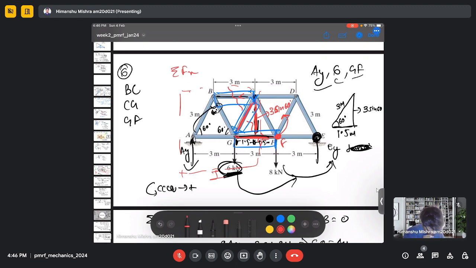We take the moment about point F, and we will have a force due to BC, which is going in this direction, counterclockwise direction. Then force AY, which is going clockwise.